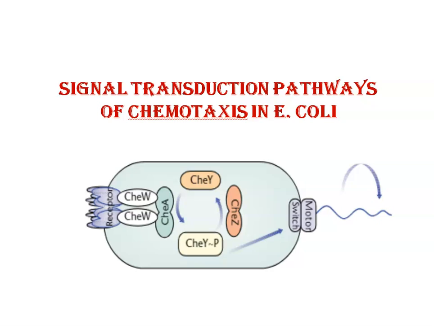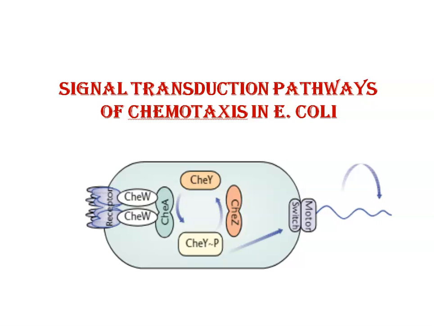Next is the signal transduction pathway of chemotaxis. So we'll discuss signal transduction pathways in the bacterium Escherichia coli. Signal transduction pathways start with the receptors. When a receptor receives a signal, note that the locations of the chemotaxis receptors and the flagella are different.